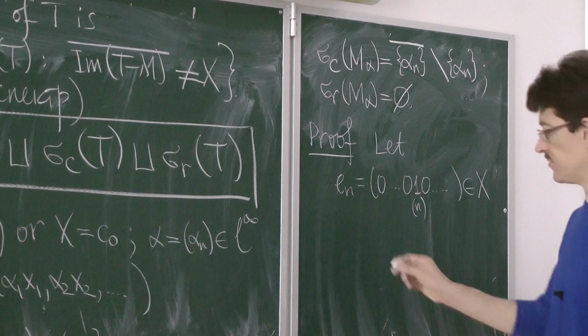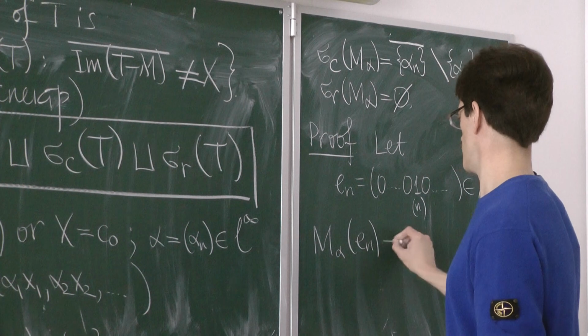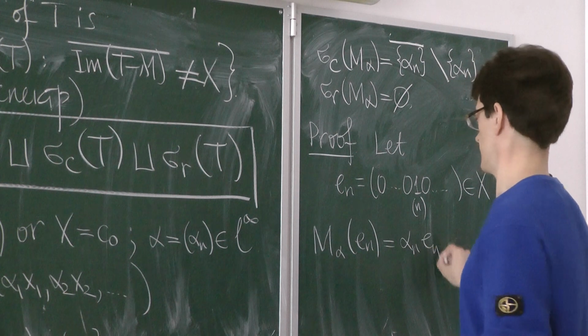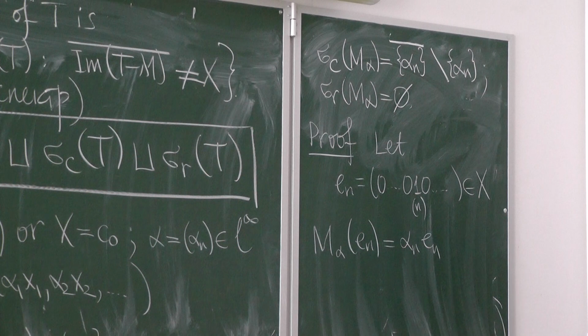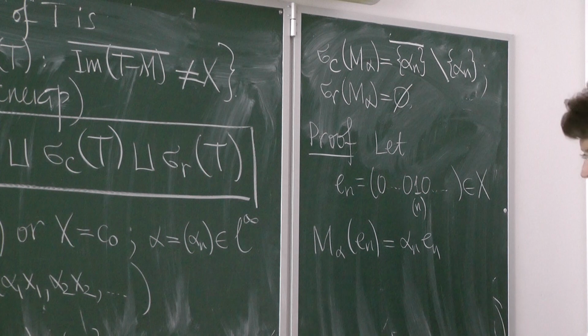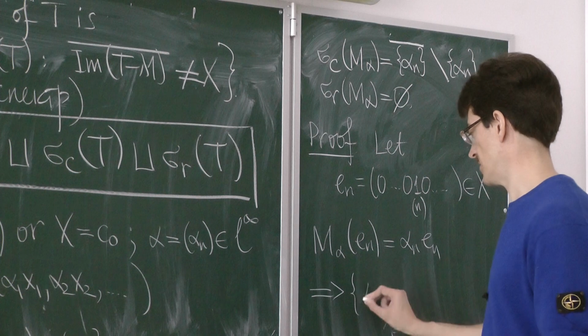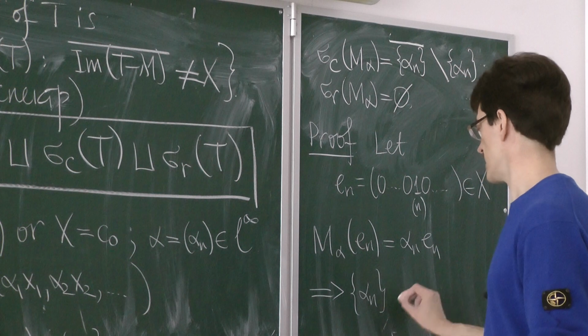And clearly we have the following equality: M alpha applied to e_n is alpha_n e_n. In other words, e_n is an eigenvector for our operator, and alpha_n is the respective eigenvalue. So this formula obviously implies that all elements in our sequence are in the point spectrum.